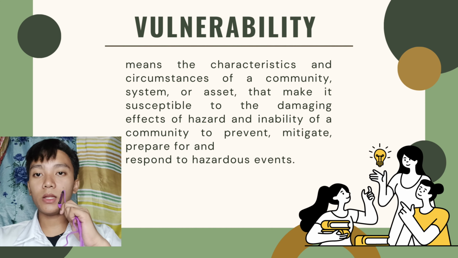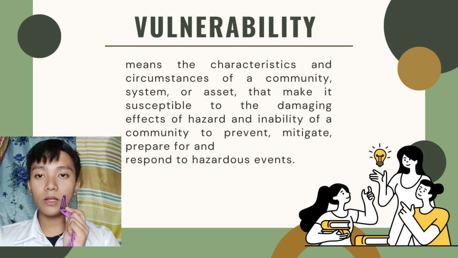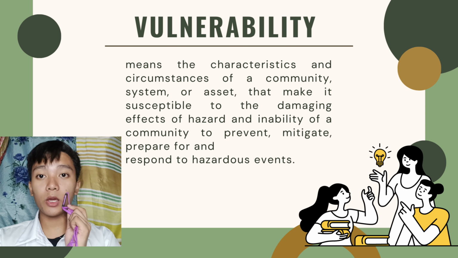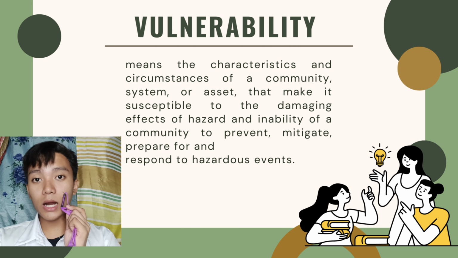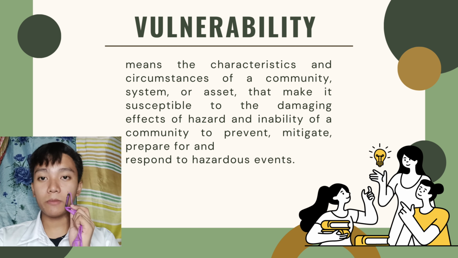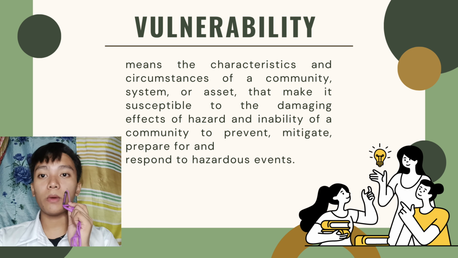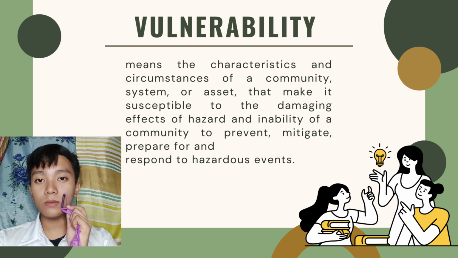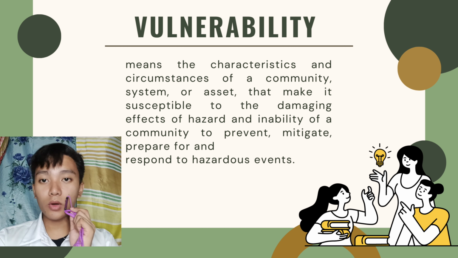Next is vulnerability. Vulnerability means the characteristics and circumstances of a community, system, or assets that make it susceptible to the damaging effects of a hazard, and the inability of a community to prevent, mitigate, prepare for, and respond to hazardous events.